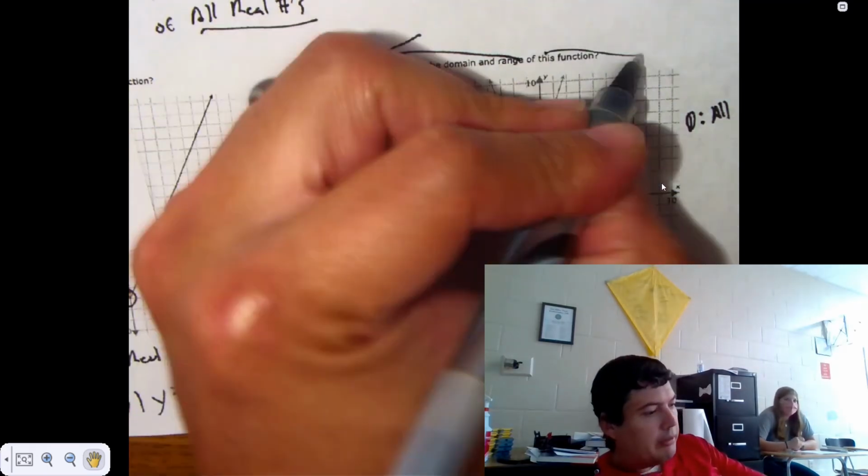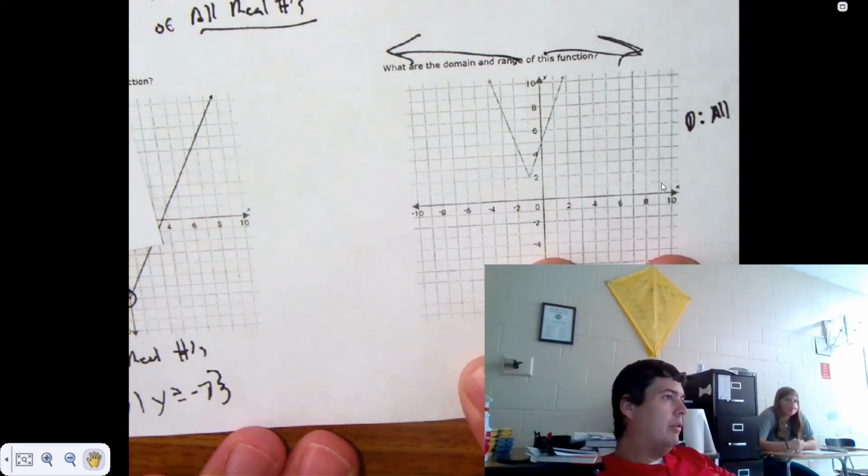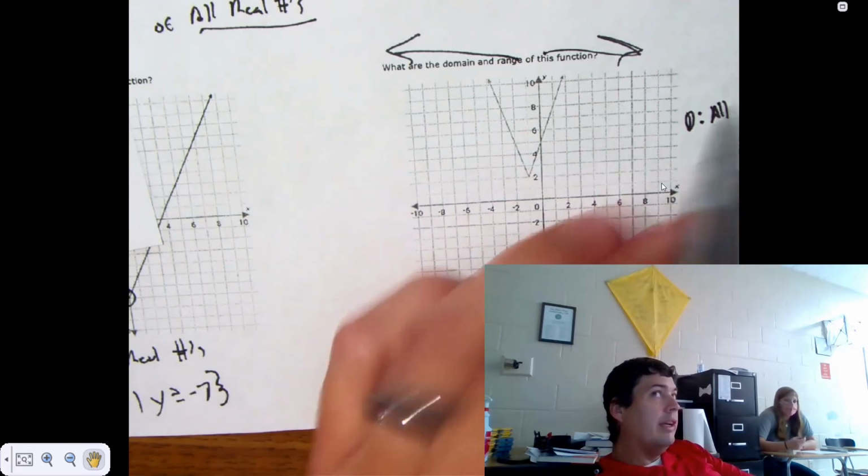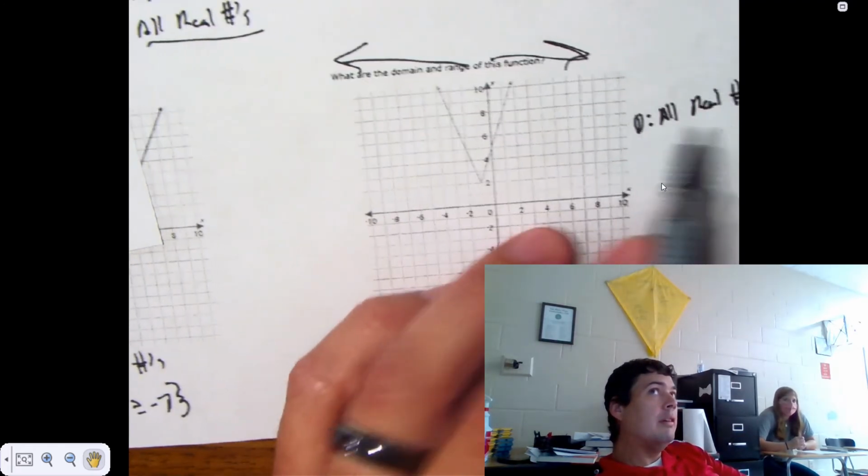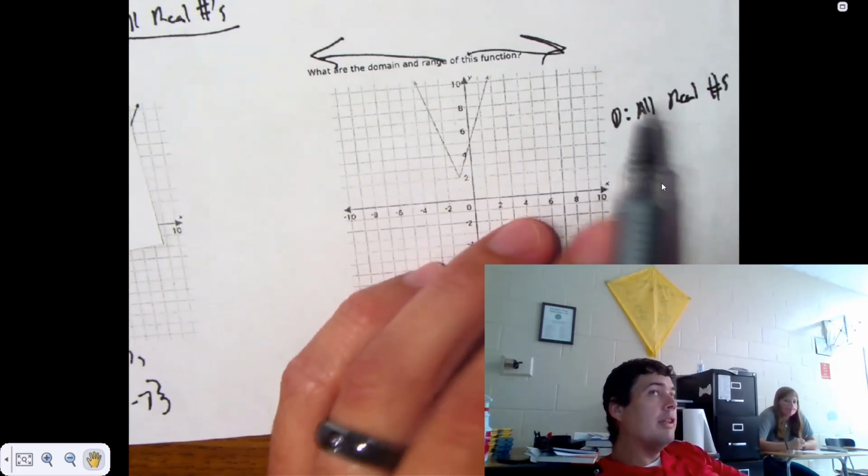Does the graph run forever right? So you could count forwards for the rest of your life, couldn't you? If you lived an eternally long life, could you count every number? Yes, you could count every number. Hence all real numbers. That's why it's everything.